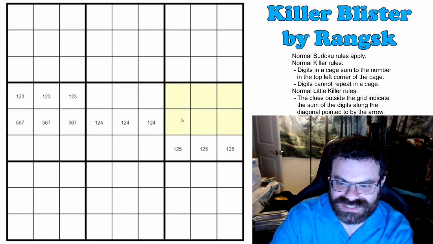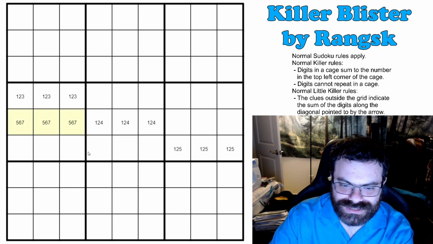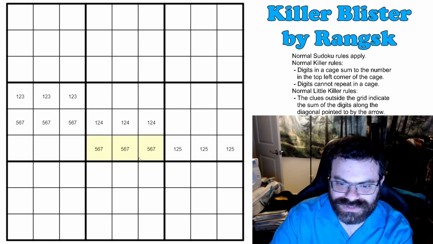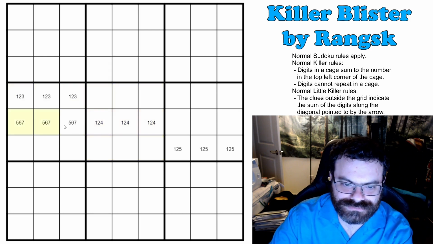Obviously, I couldn't put 5, 6, 7 anywhere in this box because there's already the 5 used. If I put 5, 6, 7 here, then I don't have any repeated digits, but I'd have to put the 3 up here, and the 3 is already used. So it just doesn't work.